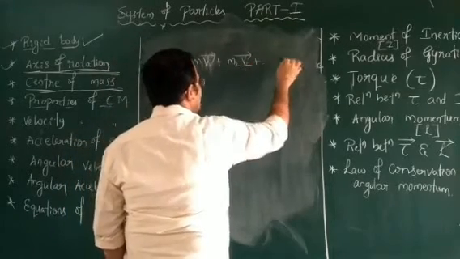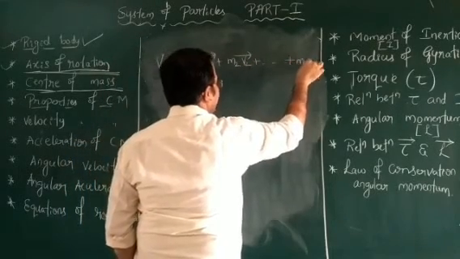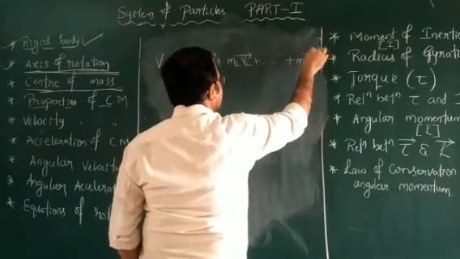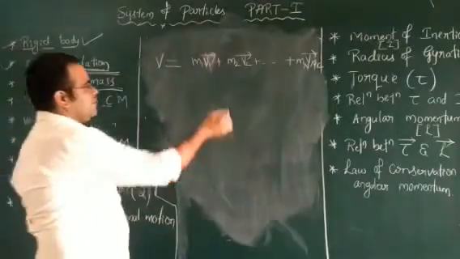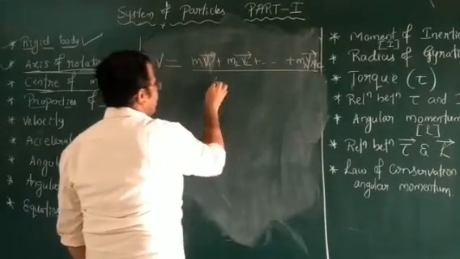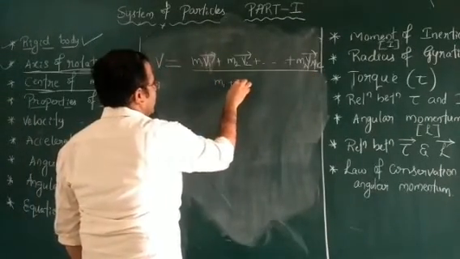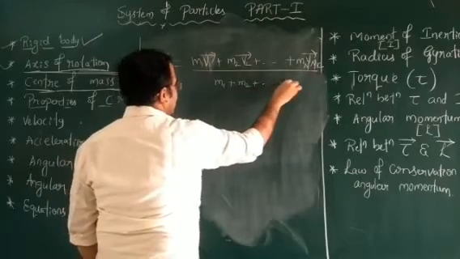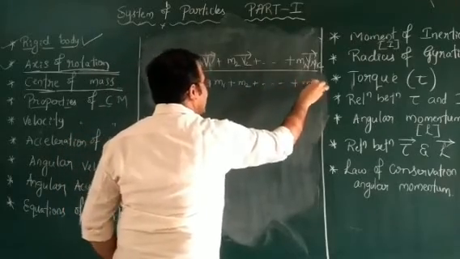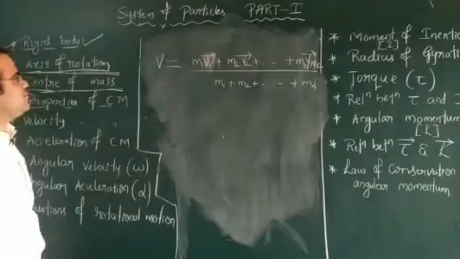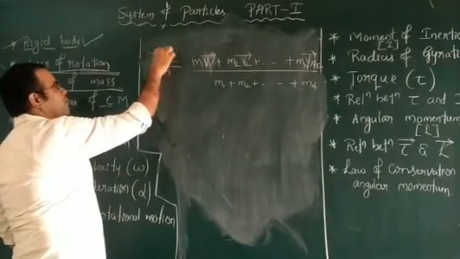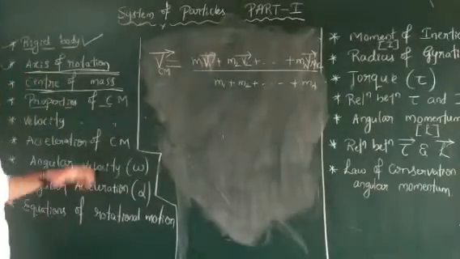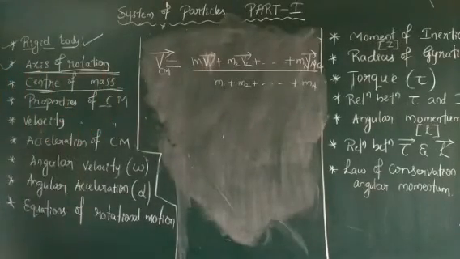Like this, for the nth particle it can be taken as mn vector vn, divided by the sum of the masses, the mass of the first particle, the mass of the second particle, and so on for n number of particles. So this is the velocity of the center of mass.